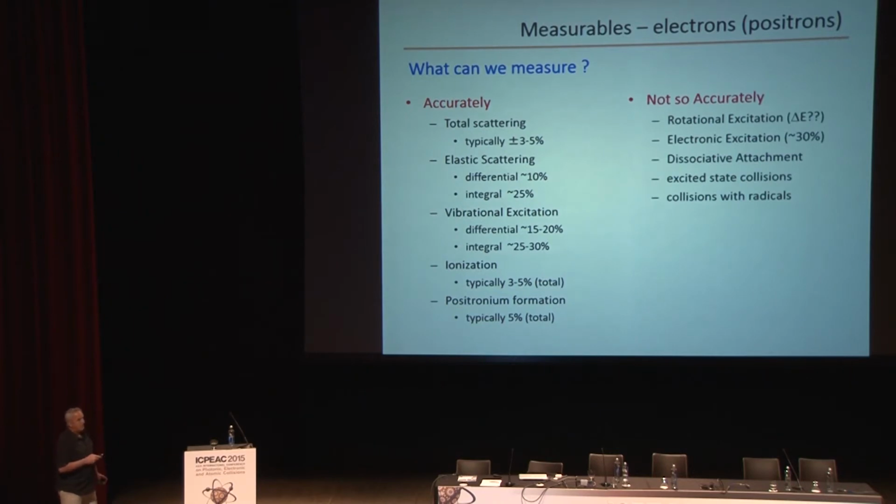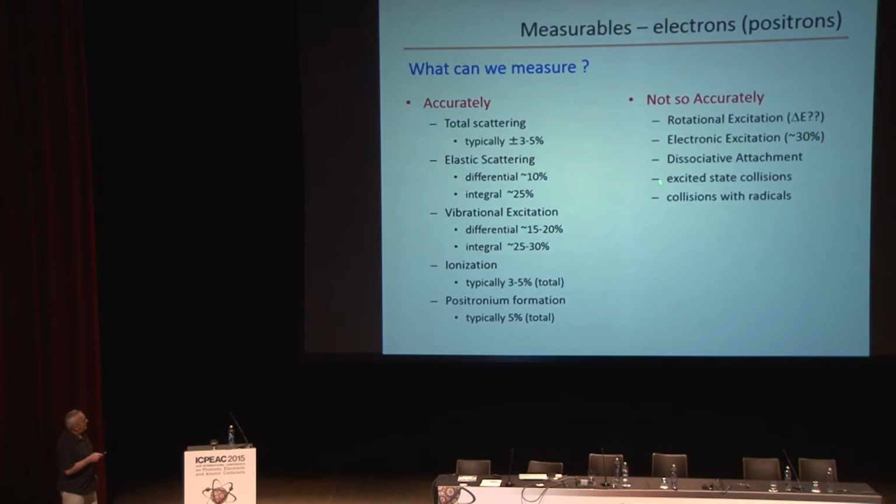Things that are not so easy to measure include rotational excitation and electronic excitation. These are limited mainly by the characteristics of the spectrometers that we use, by energy resolution, etc. In the case of electronic excitation, by understanding the efficiency of your spectrometer.